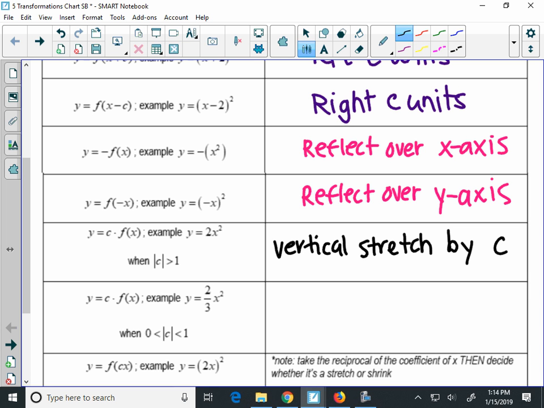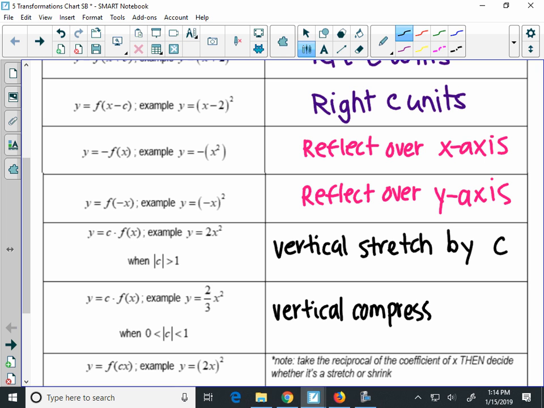Okay? And then, if I were to change this to be 1/2 times (x plus 4) squared, when that number in front of the parentheses is less than 1, so a fraction between 0 and 1, that's called a vertical compression.